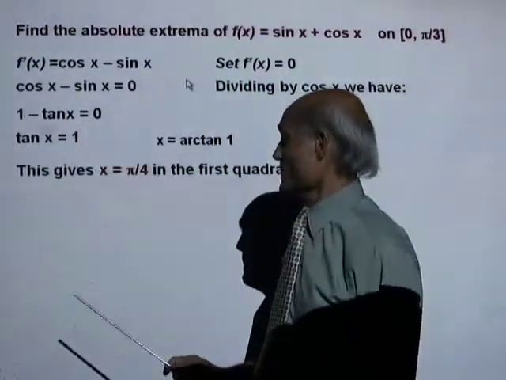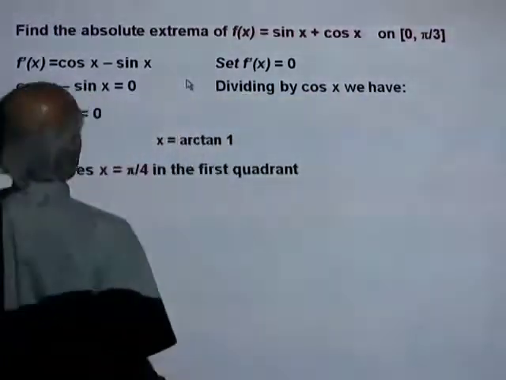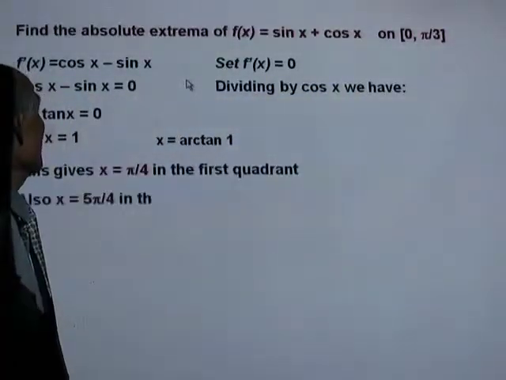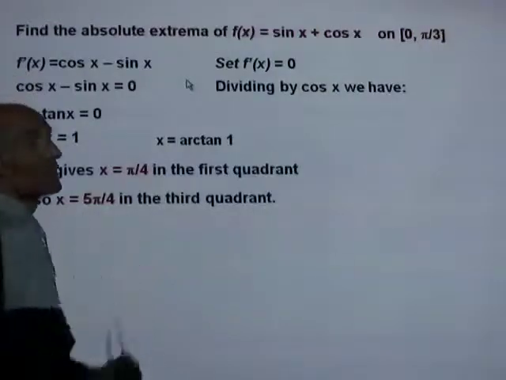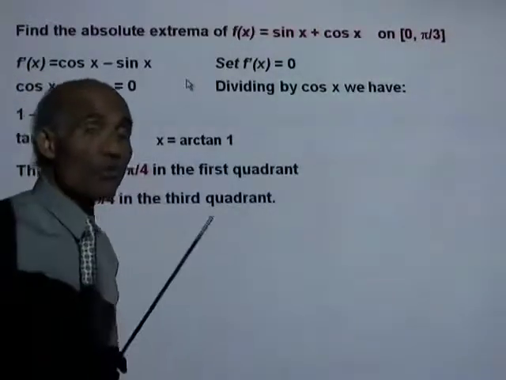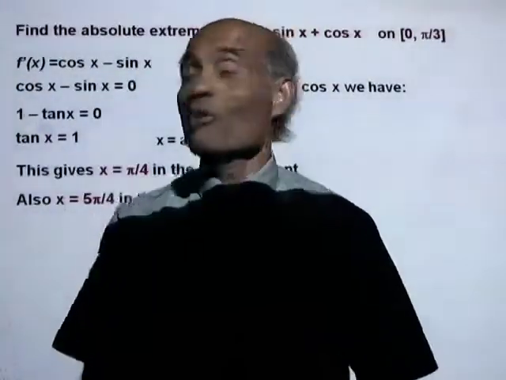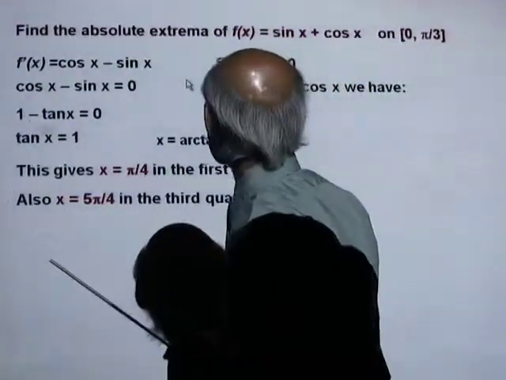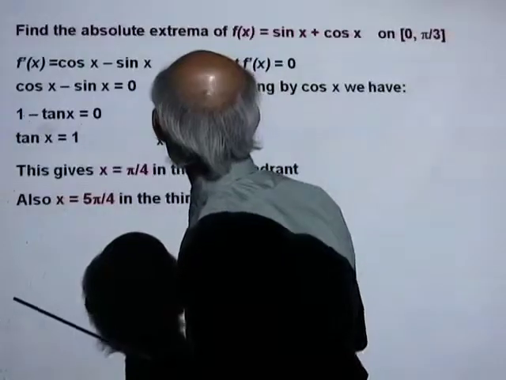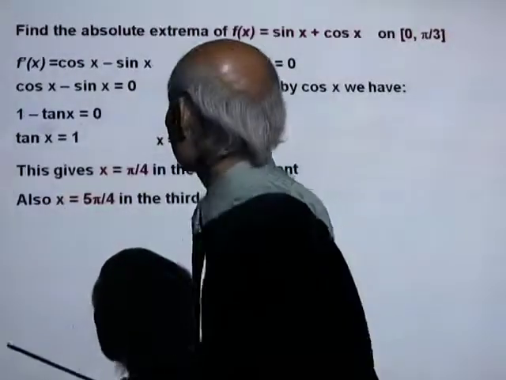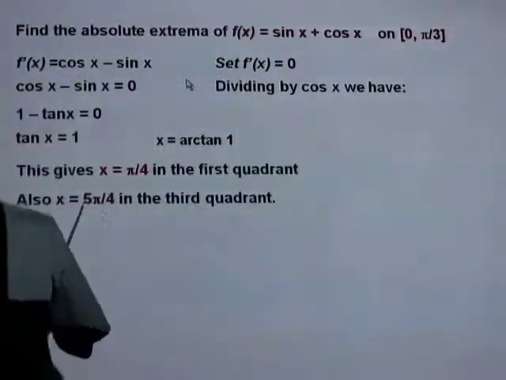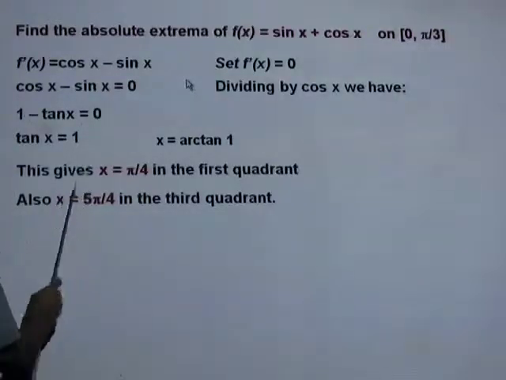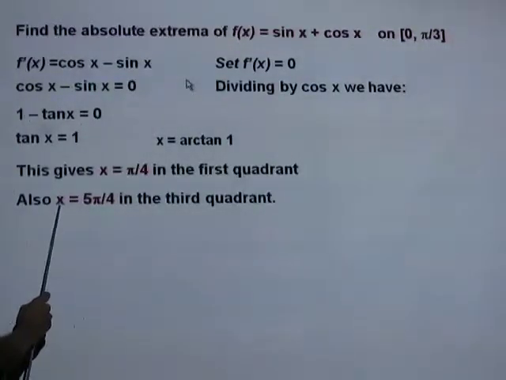All right, now we've got the critical number x equal to pi by 4, a critical number in the first quadrant. Well, we are looking on the interval 0 to pi by 3. Therefore, you can also have x equal to 5 pi by 4.